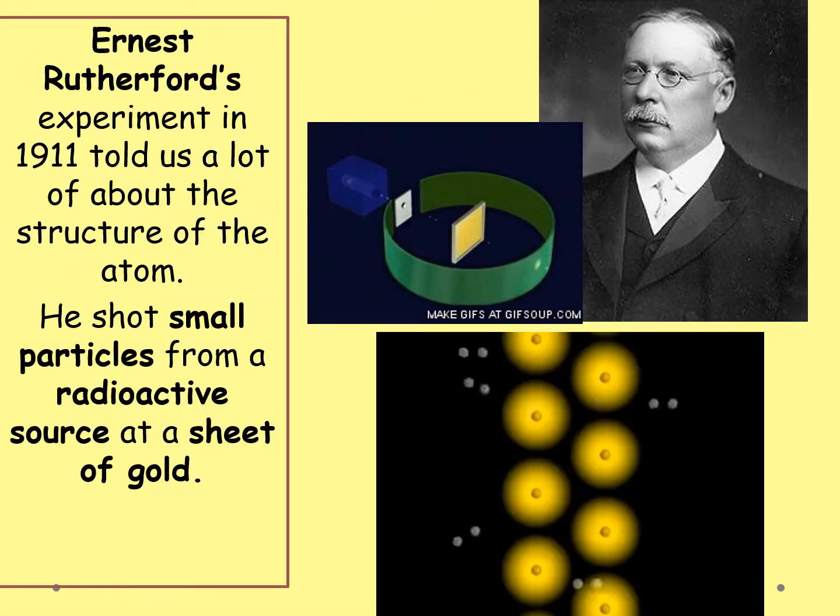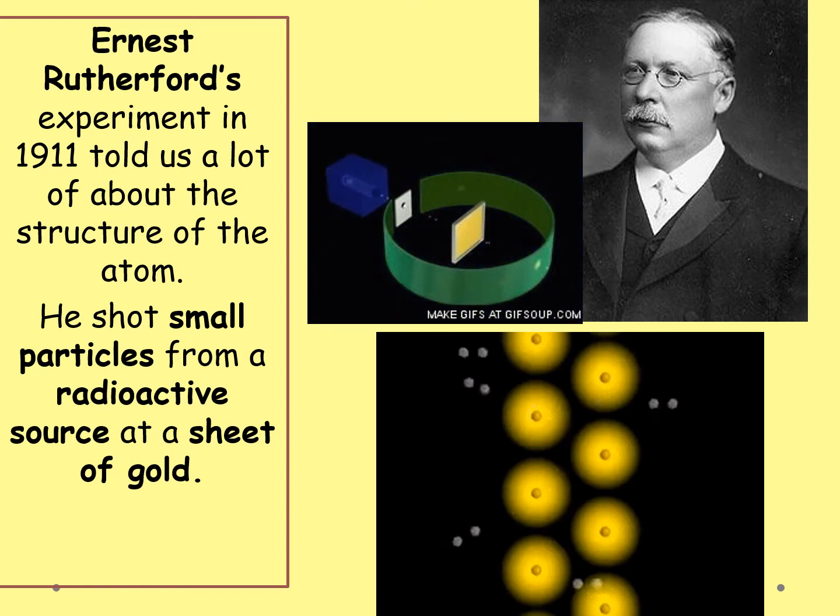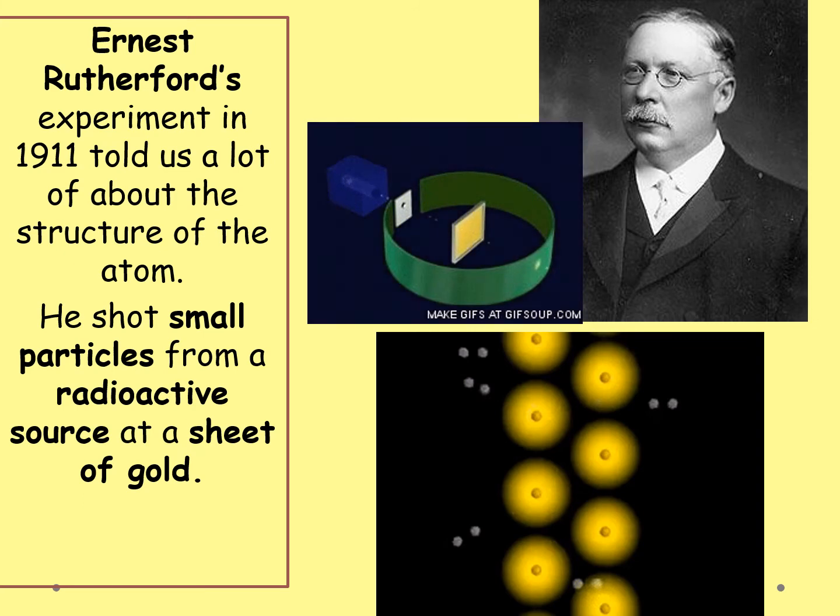Okay, our next scientist is Ernest Rutherford. He came along in 1911, so only a few years after Thompson suggested the plum pudding model. Rutherford actually was once a student of Thompson, so he learned from the best. He did an experiment where he completely changed what we believe about atoms to be true. So he fired some small particles at a sheet of gold, and he noticed that most of these particles went straight through the sheet of gold, and that suggested that there must be a lot of empty space in atoms.